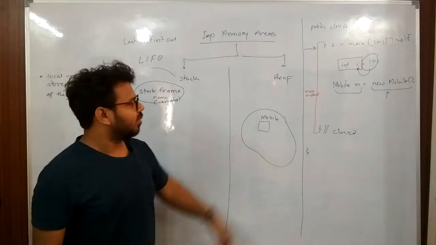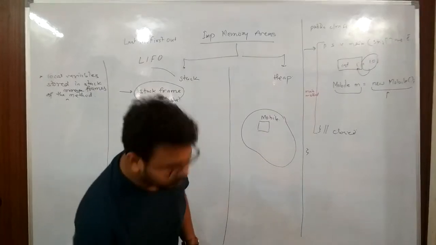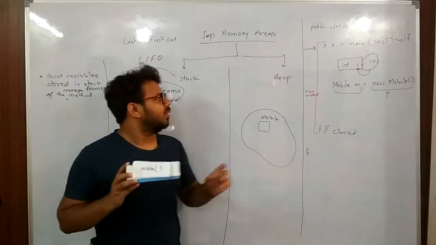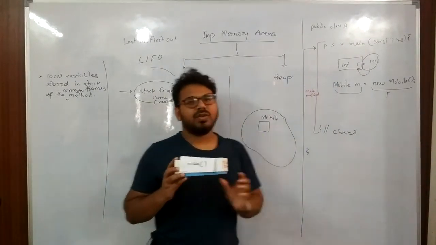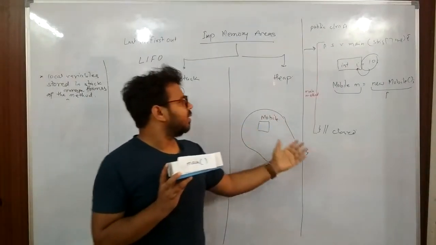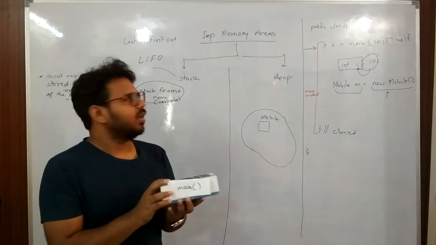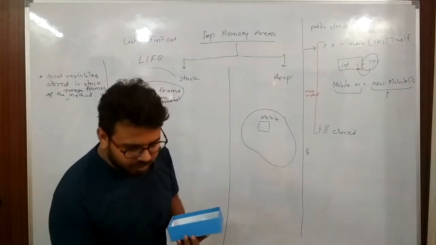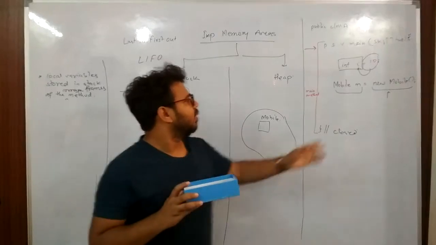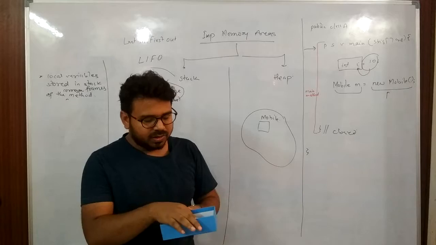So let us learn about that. Here you can see this reference variable will always be created in the stack frame of the corresponding method. Here in our case it is the main method. So in the stack frame of the main method, we will have a reference variable m that will point to a new object, that is Mobile.